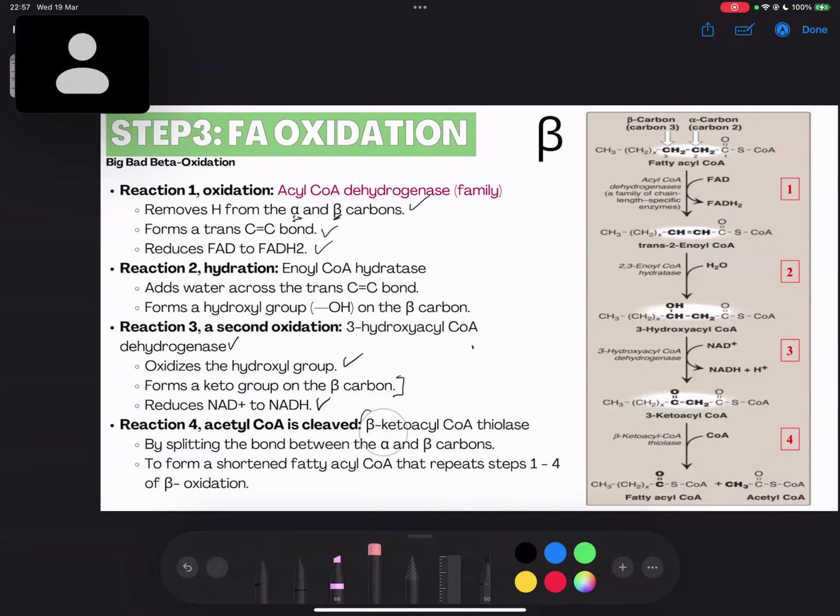Why do I need it to be shorter? You need it to be shorter because the whole point of beta oxidation is that you are trying to break down fats, right? And when you break down fats, you produce acetyl-CoA. The point of breaking down fats is to get energy. Where do I get this energy from? From producing ATP, which occurs in the citric acid cycle, in the electron transport chain, all that kind of stuff.